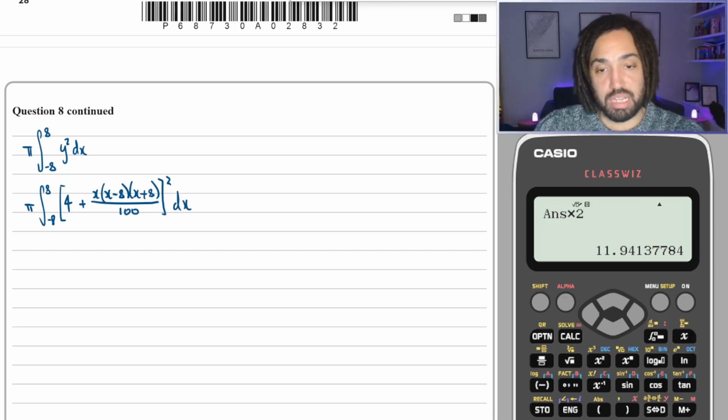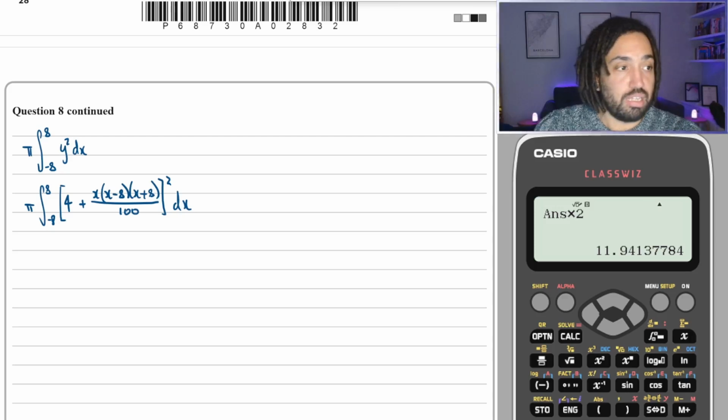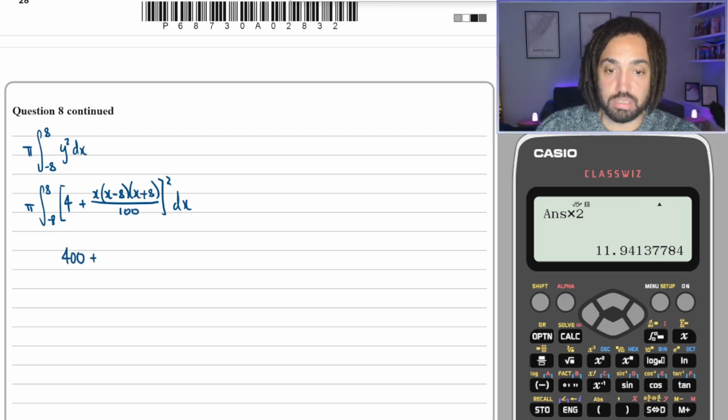Okay, and what I'm going to do is multiply this square bracket by 100 squared, which is going to cancel the hundreds. So it's going to multiply through by 100, and it's going to leave me with this.